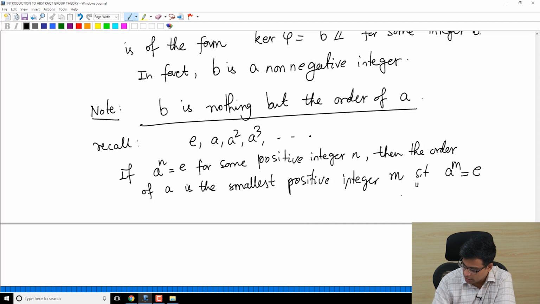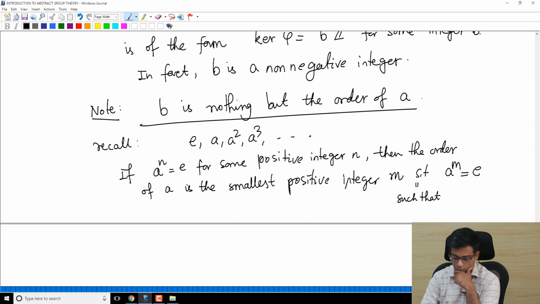Here s.t. always stands for such that. So if A power n is the identity for some positive integer n, I simply look at the least positive integer which has that property.